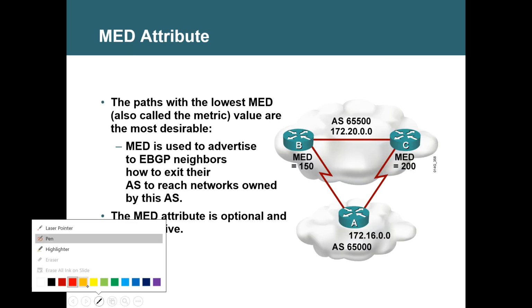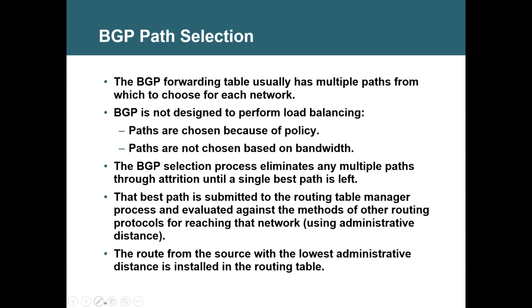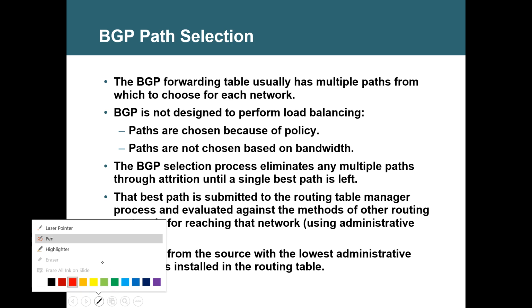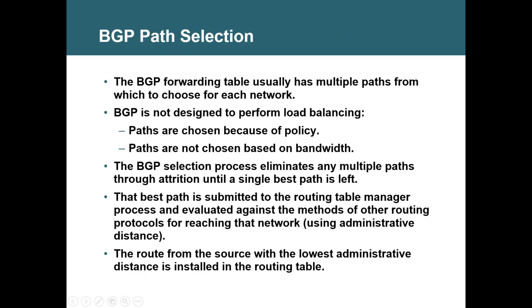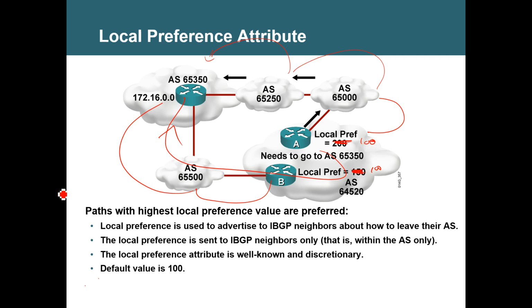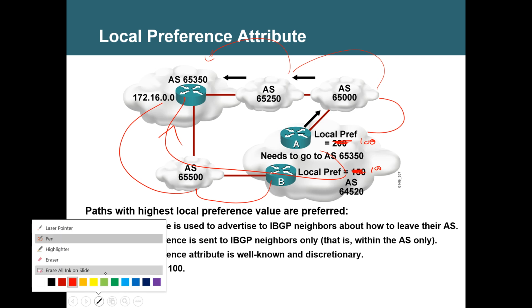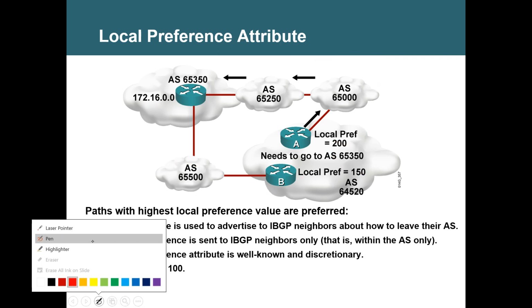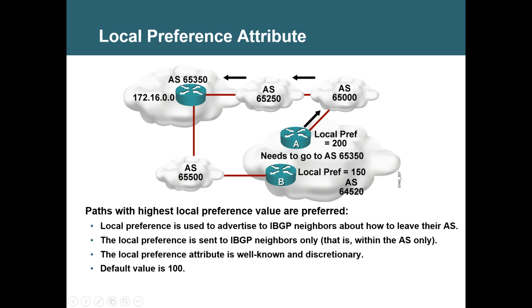But when the local preference is set, it will not focus on AS path. Why? AS path attribute comes after local preference.